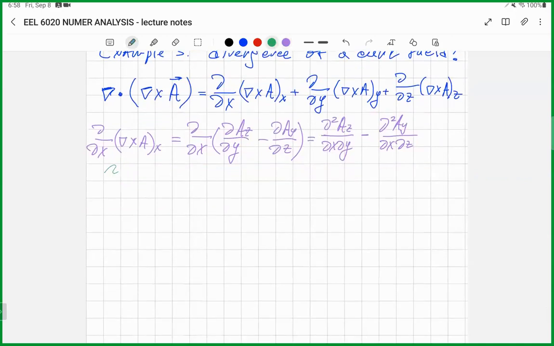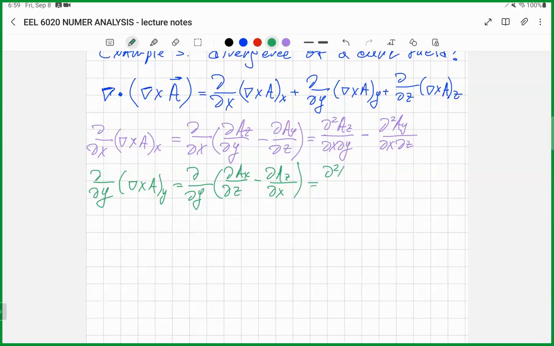The second term is d over dy of the y component of the curl. The y component is d over dz of Ax minus d over dx of Az, which gives d2Ax over dy dz minus d2Az over dy dx.